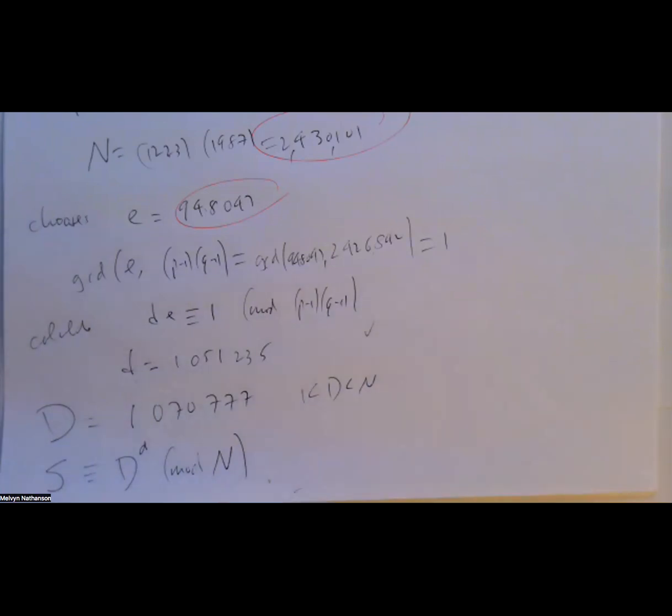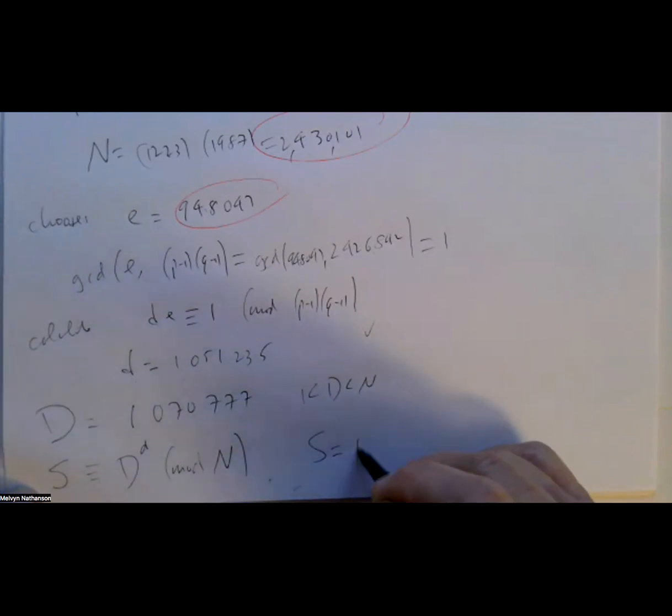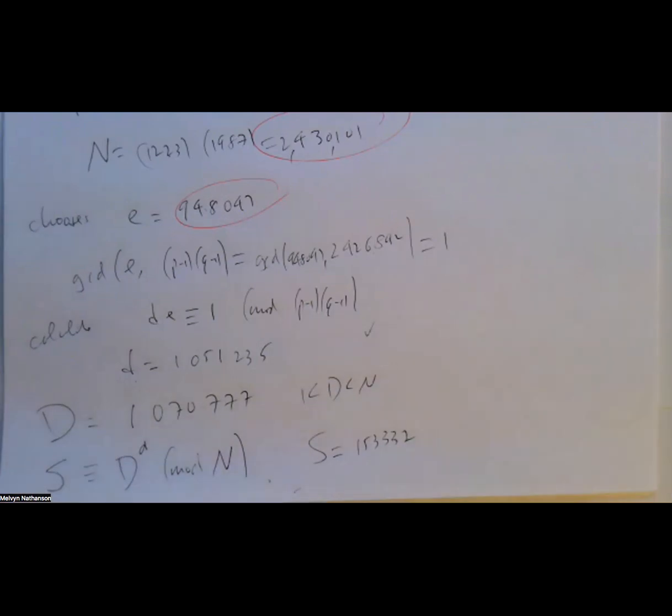So I want to know what is the remainder, what is the congruence class of M to the power D when I divide it by N. So this says S is 1,153,337.